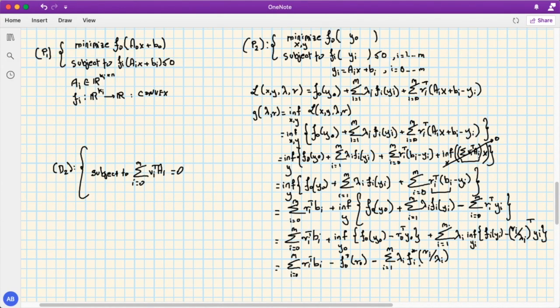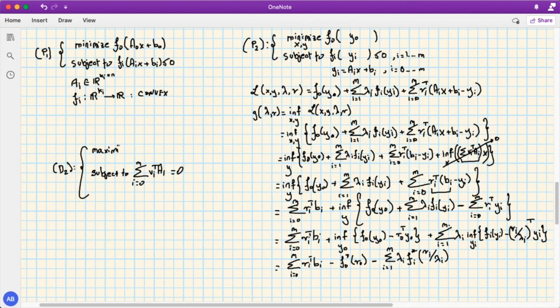Now, if we take a closer look at this expression, it is concave in the dual variables. So this last expression is what I'm going to maximize in the dual problem.